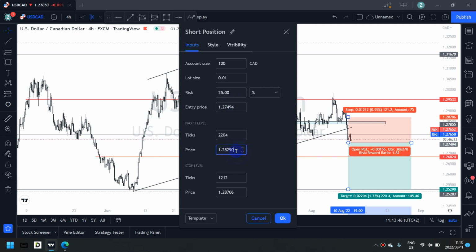My take profit price is at 1.25283, and then my stop loss is at 1.28692.